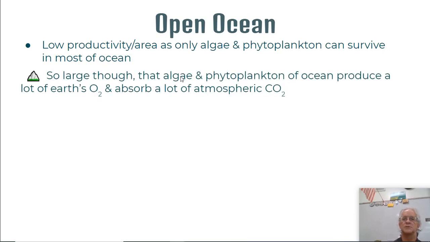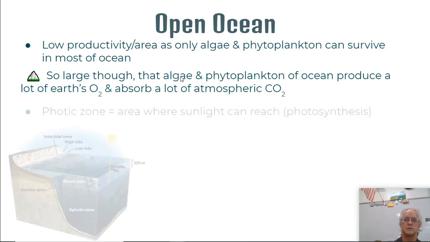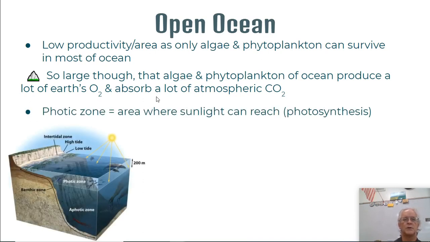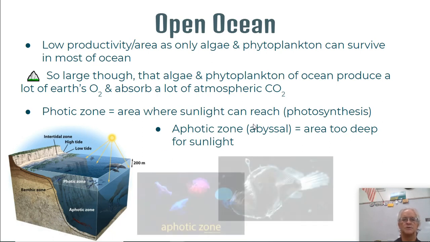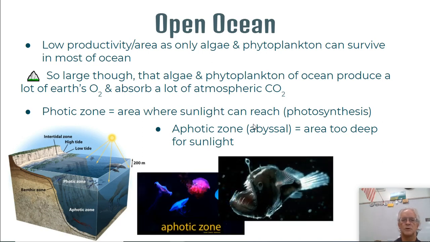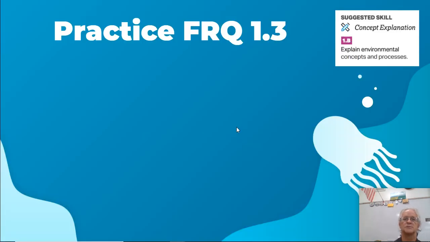It's so large that algae and phytoplankton in the ocean produce a lot of the Earth's O2 and absorb tons and tons of CO2. The photic zone is the area where sunlight can reach, where photosynthesis can occur. Aphotic, also known as the abyss, is where it's too deep for sunlight. These are the organisms that live down there, where oftentimes they have lights to attract other organisms.